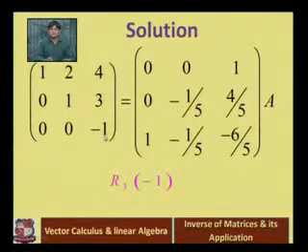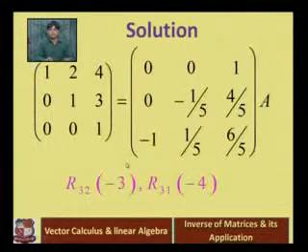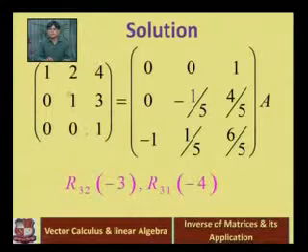Now we need 1 here for the identity matrix, so to convert this entry into 1 we multiply the third row by -1. The third row becomes 0 0 1, and doing the operation simultaneously here, the third row becomes -1, 1/5, 6/5.